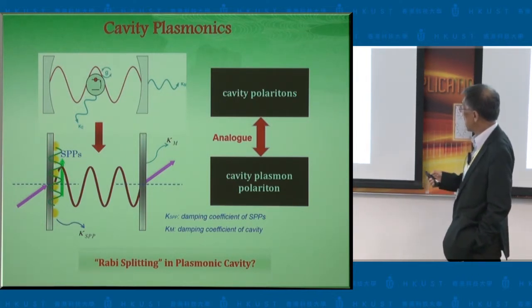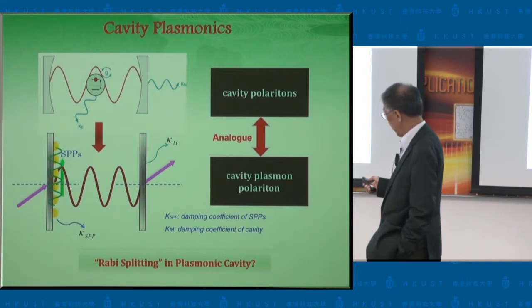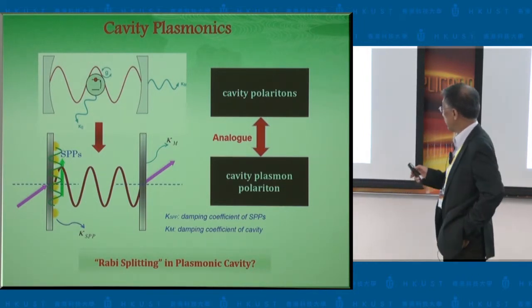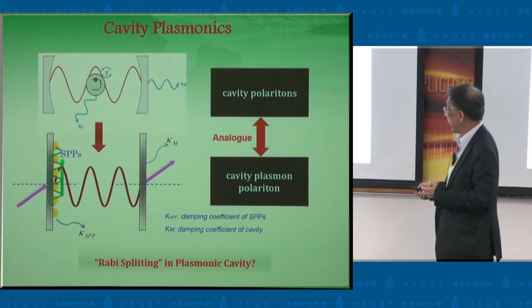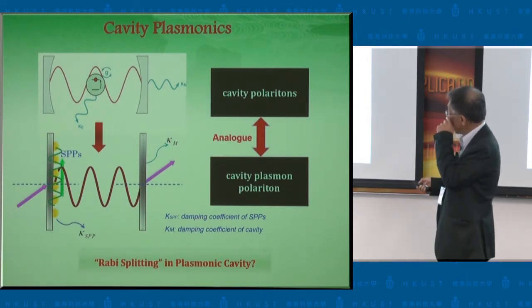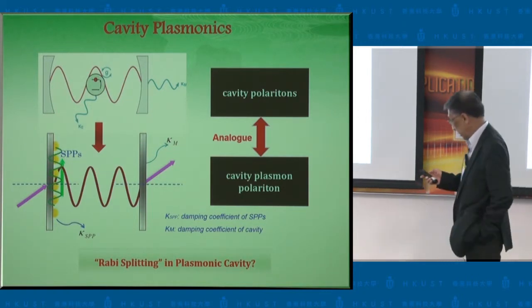This coupling could also cause splitting of the energy peaks, and that gives you what we call the Rabi light splitting, except that this is an analog and not a quantum phenomenon at all.